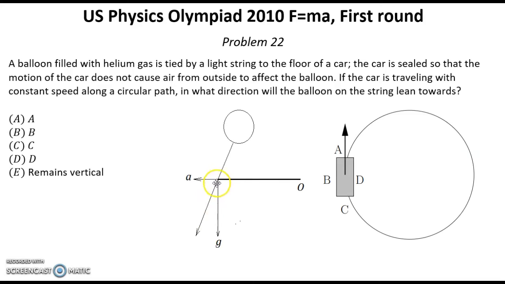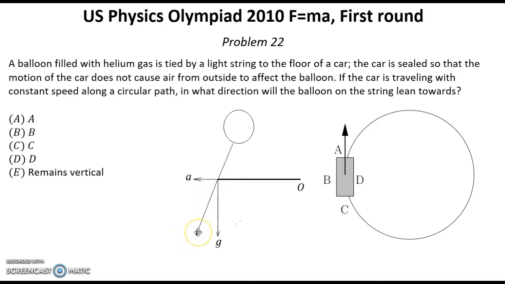If here is our car and point O is the point of rotation of the car, inside of this car we have force of gravity G and the fictitious gravity A going outside from point O, and net gravity will go in this direction.